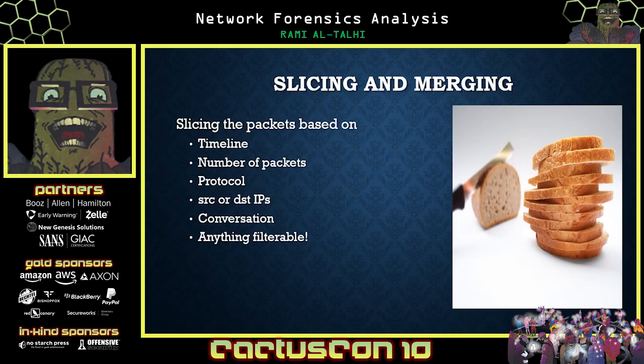The first thing that we need to look into is slicing and merging. What we mean by that is defining the right scope. We have a timeline and an overview of the incident or case that we need to look into, or also the threat hunting. We can also use source IP, destination IP, anything that can be filtered.